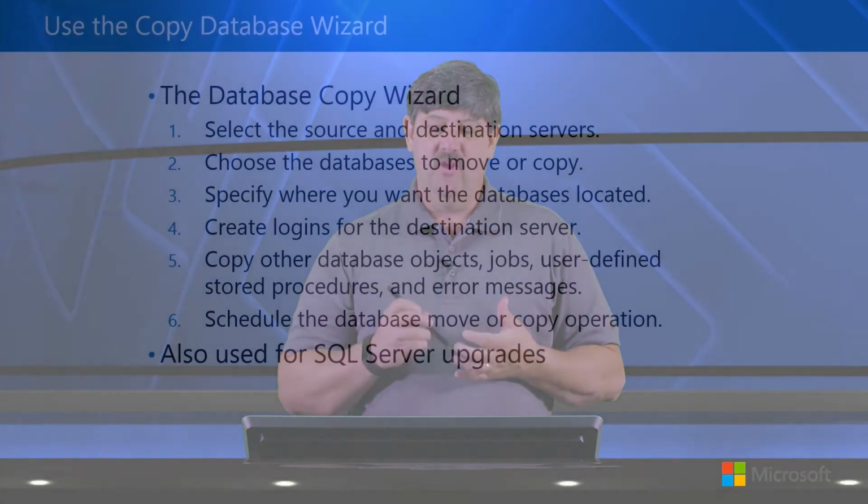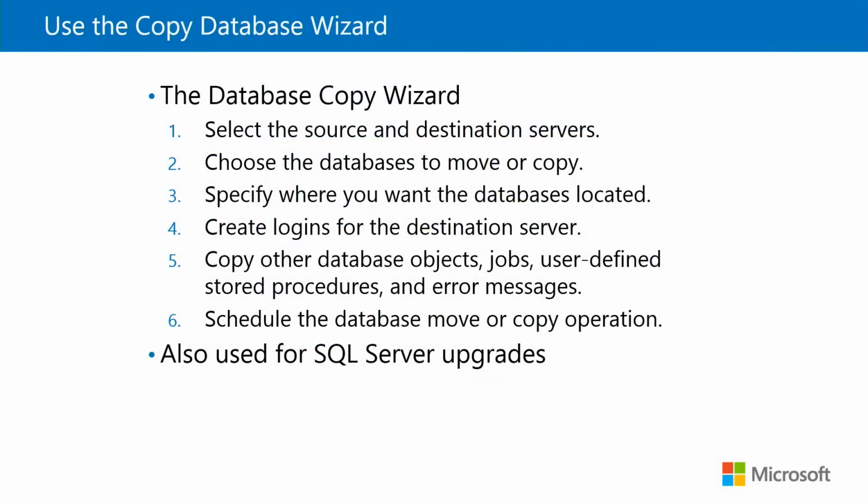You specify whether you want to move or copy it. If you're going to move it, it's going to essentially detach it from the original instance and then reattach it to the new instance. If you copy it, it's going to create a copy of the database. It's important to note that it's simply going to create a script that's going to extract the data out of the current database and copy it over to the new environment.